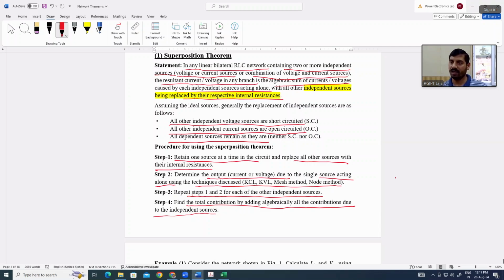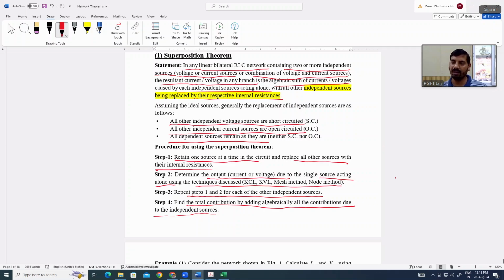Okay. If they are ideal sources, voltage sources will be replaced by short circuit, current sources will be replaced by open circuit. Clear? So the overall circuit will be much easier to solve. Then after calculating the values of I1, I2, I3, we have to add all currents algebraically and find out the resultant current value.